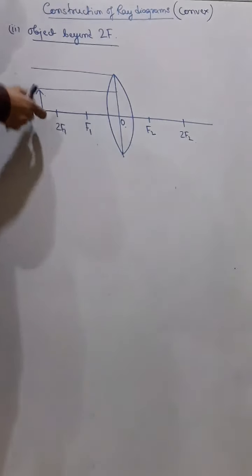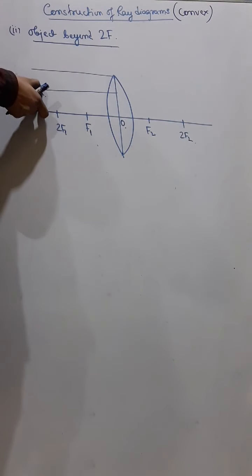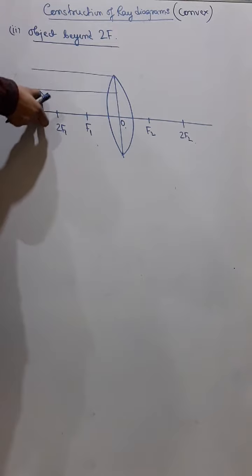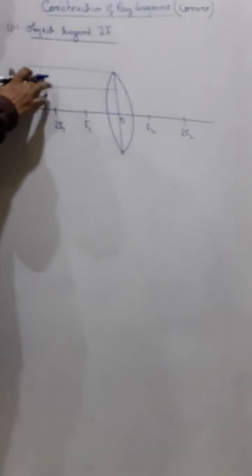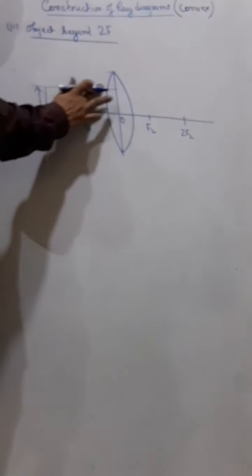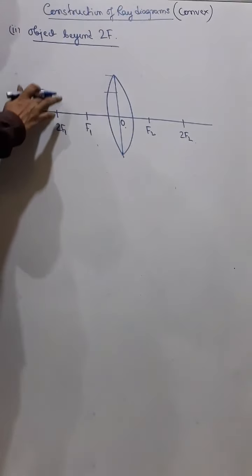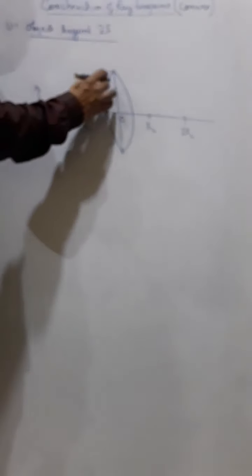Now what I suggest to my students is that you just use the single line of your copy and take that distance. Either you take a gap of one line, or you can take a gap of two lines if you are drawing a bigger lens. Just use the single line part of your copy, because in examination you get a single line answer script, so that while drawing the line you don't have any problem.